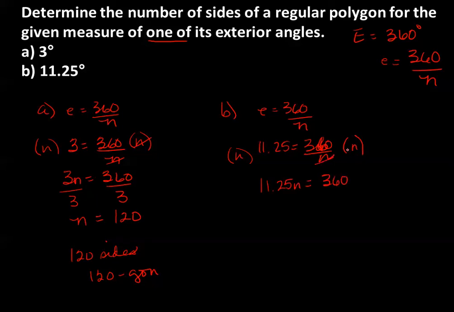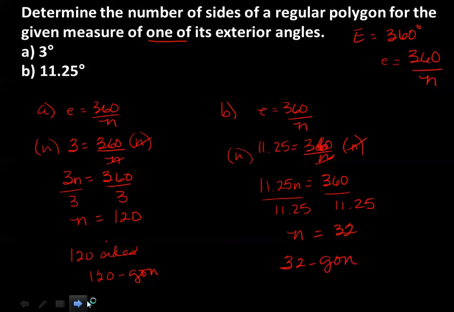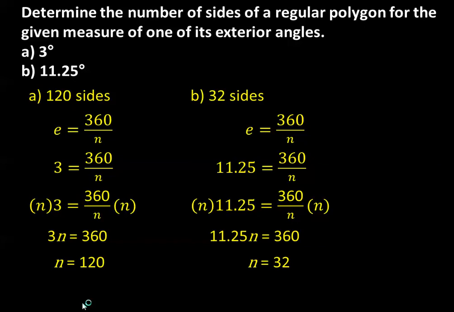Remember, these guys reduce to 1, so they disappear. Divide both sides by 11.25. I got n equals 32. 360 divided by 11.25 is 32. So it's a 32-sided polygon, which is a 32-gon. There you go.